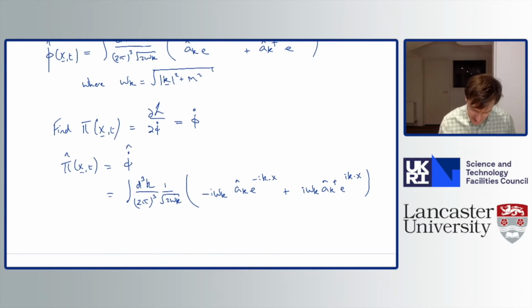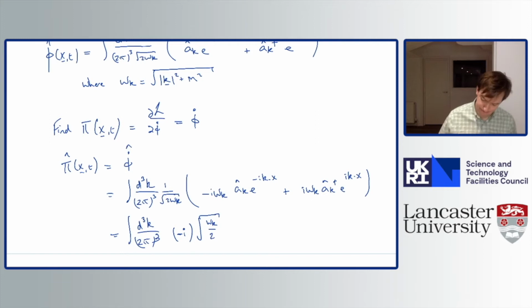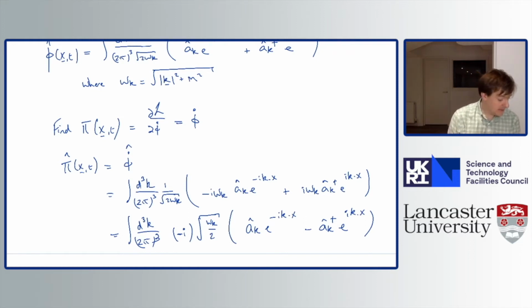Okay, so we can simplify this a little bit. It's the integral of d^3k over (2 pi)^3, and I'm going to pull out the factor of minus i, and write the omega factors as omega k over root 2, times a k, and here we'll get a minus a k dagger. Okay, so this is our expression. Great.